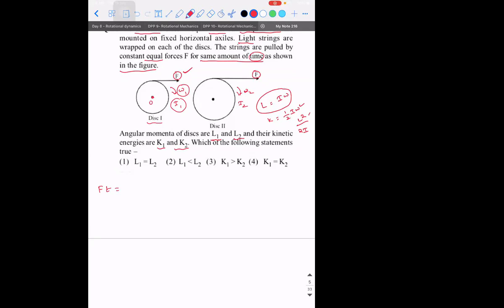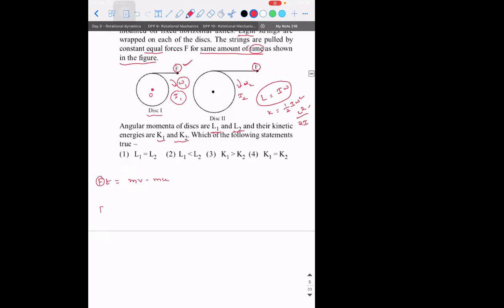Impulse is equal to change in linear momentum, mv minus mu. In a similar way, if I replace force with torque, what can I call it? If I write F into R into t, torque into time, see, force into time gives impulse, then F into R into t is going to give us angular impulse.